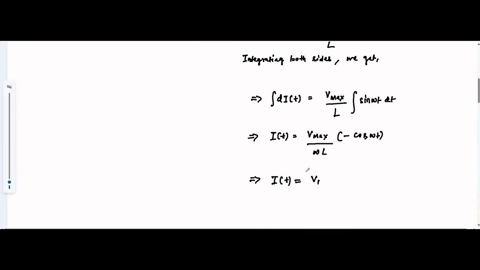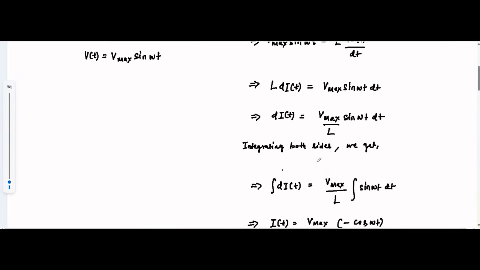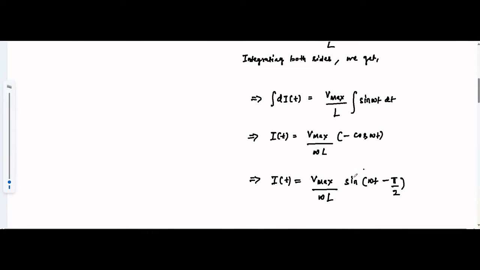That implies i(t) is equal to Vmax by omega L sin(omega t minus pi by 2). We can write sin(omega t minus pi by 2) in place of minus cos omega t. Why? To bring both the voltage and current into the same format, sine format.